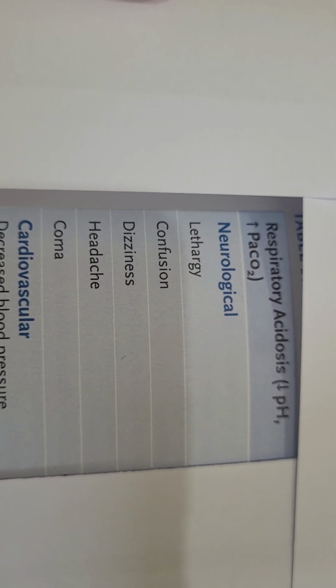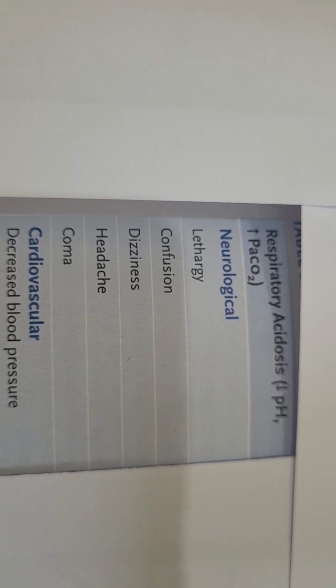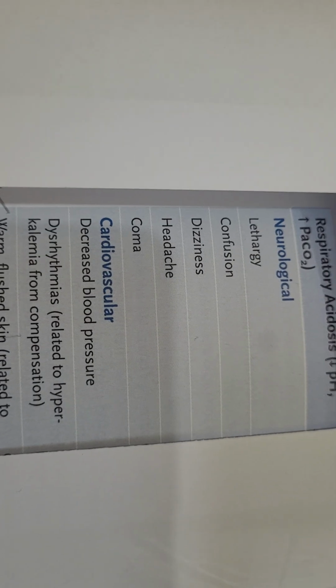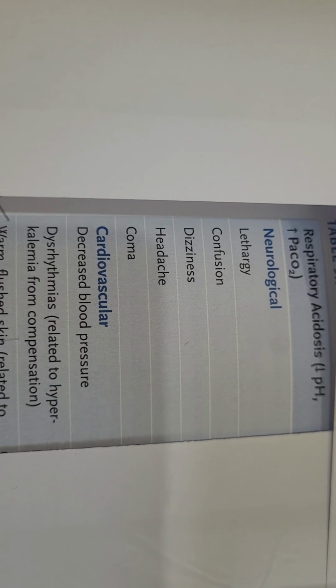System-wise we will check the signs and symptoms. Neurologically, the patient will be lethargic, confused, dizzy, and will complain of headache, and coma is the serious condition of respiratory acidosis.